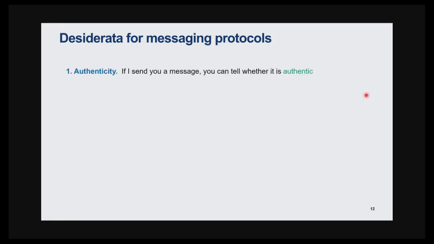If you think about any messaging protocol, like if you're using Signal or WhatsApp or whatever, the natural security requirement that you would want to have is the ability to authenticate the source of the message that you receive, right? So if I'm communicating with Lachlan using WhatsApp, he sends me a message, I want to know that it was really sent by Lachlan and not somebody who broke into our communication, right?